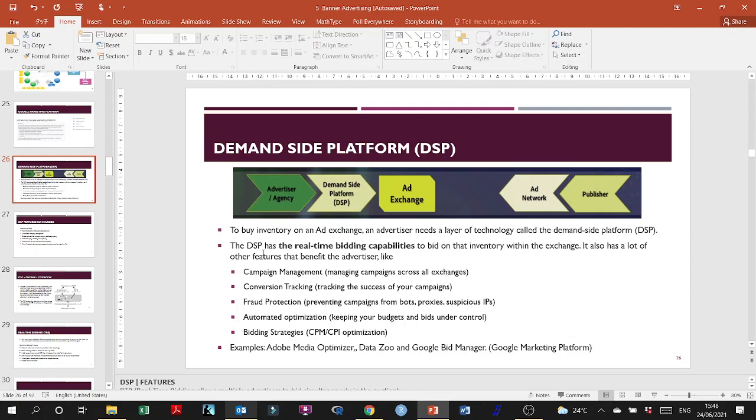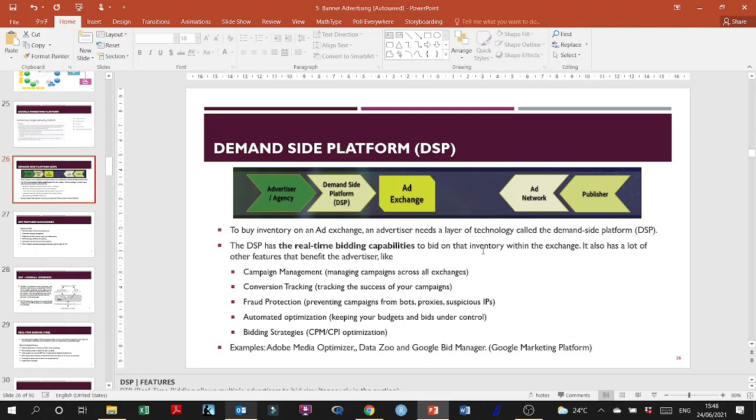The demand side platform, of course, has the real-time bidding capabilities to bid on that inventory within the exchange. So the interface for you is, for example, Google Ads, but behind the scenes, there are the servers and the algorithms that allow for real-time bidding.